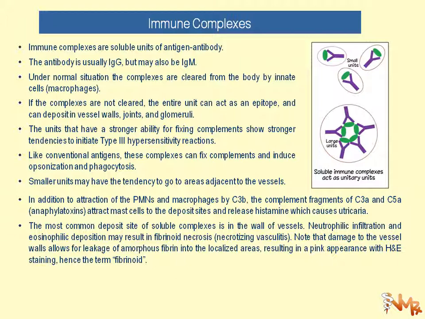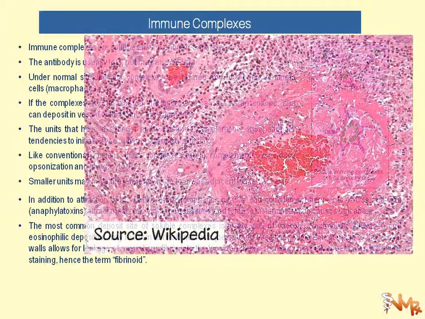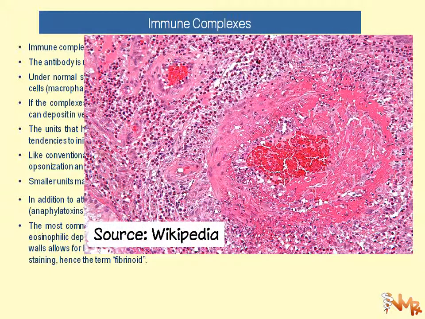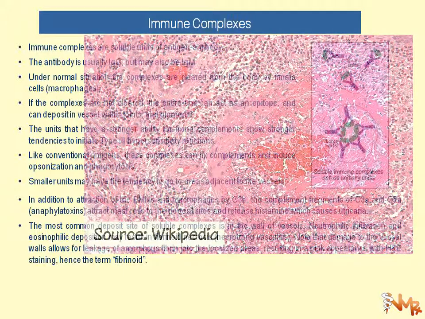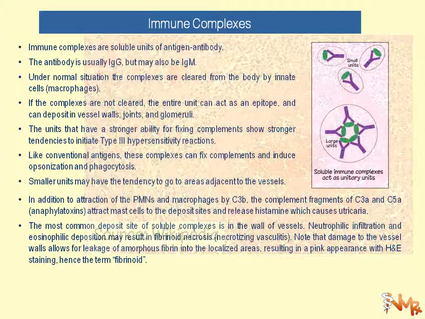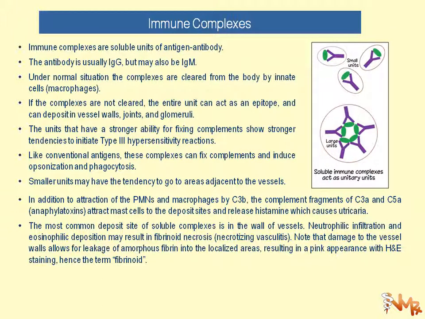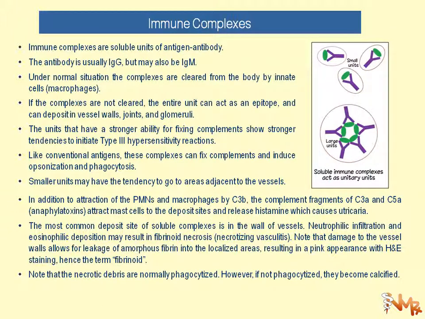This results in a pink appearance with hematoxylin and eosin staining, hence the term fibrinoid. This is the origin of the term fibrinoid necrosis. I want you to also note that necrotic debris is normally phagocytized. However, if it is not phagocytized, it tends to calcify over time.